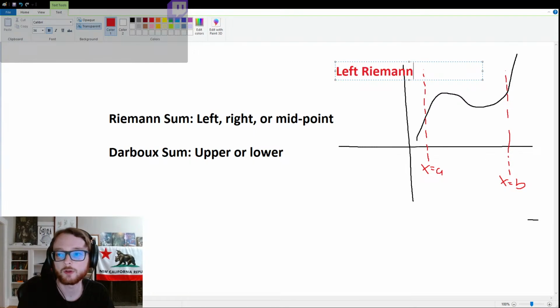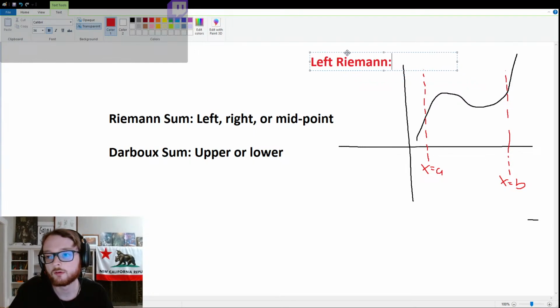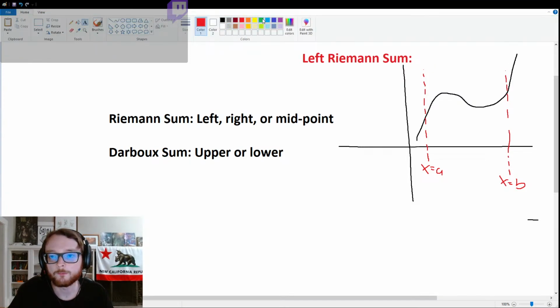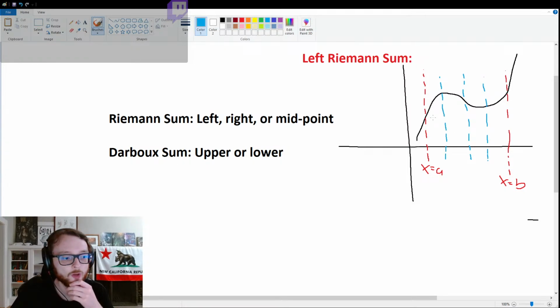Left Riemann sum, and we'll just make it with 4 intervals. So we divide this thing up into 4, and on each of these intervals, we just always choose the left part of the function, which I assume you're familiar with.